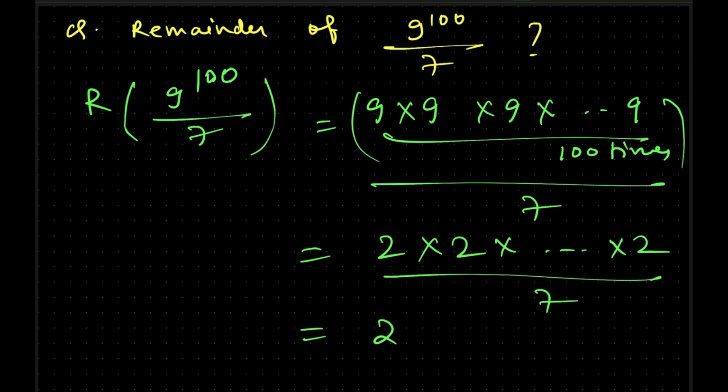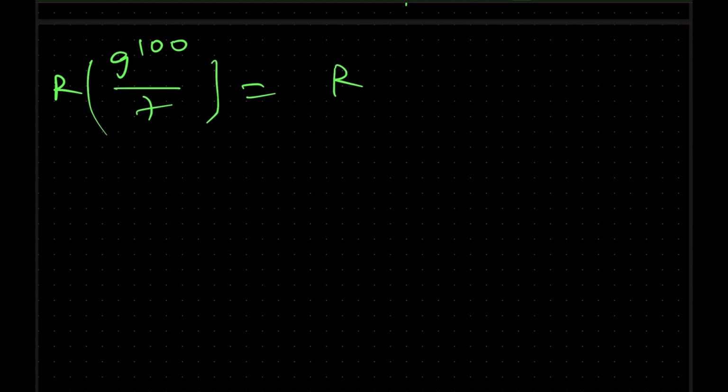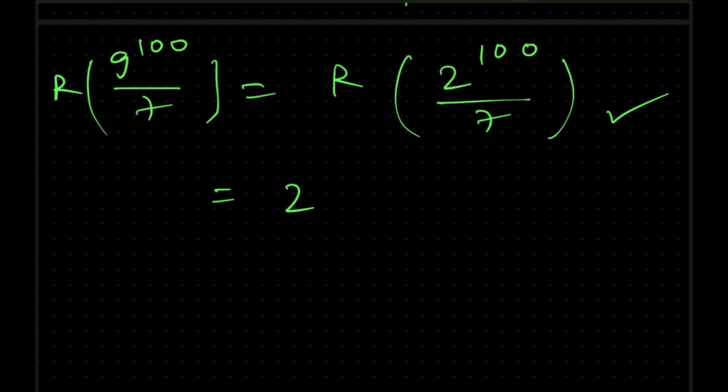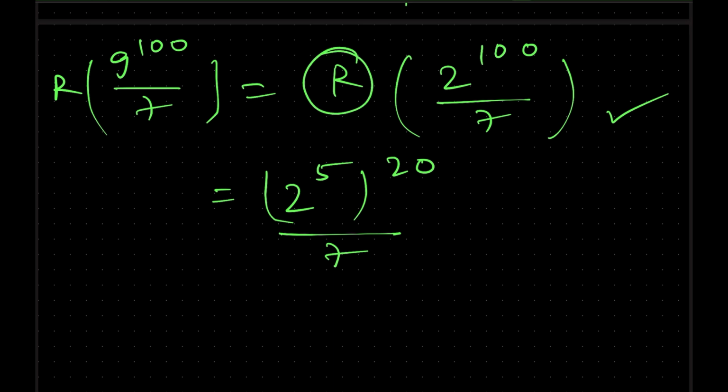So 9 to the power of 100 divided by 7, whatever the remainder is, it is equal to the remainder of 2 to the power of 100 divided by 7. If you can understand till this, then the next part is going to be repetitions. For 2 to the power of 100, we take out 5 and 20 as exponents.